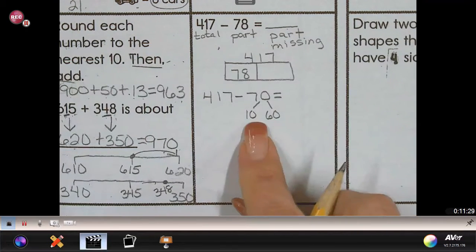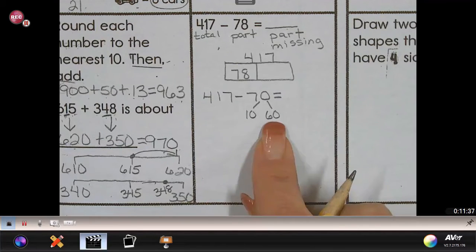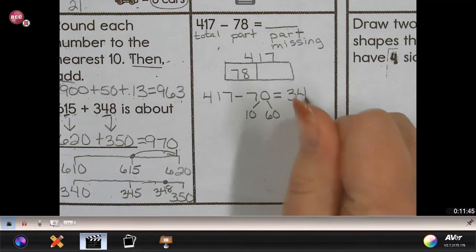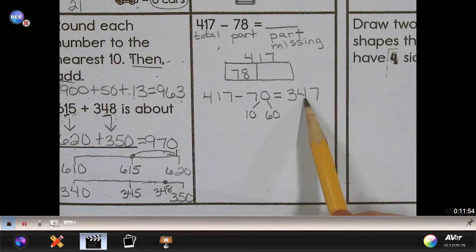If I subtract 10 from 417, I'm going to get 407. Now, I need to subtract the 60, and when I subtract 60, I'm going to have 347. And how do I know that it's going to be 347? It's because 60 and 40 would make my new 100 of 400.